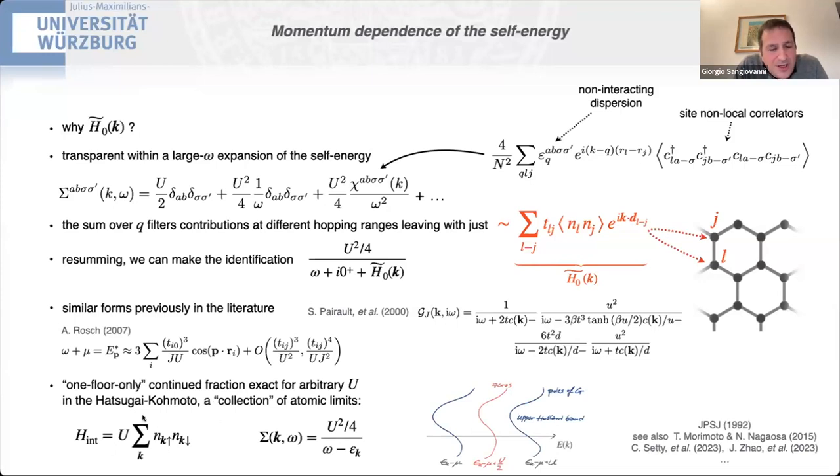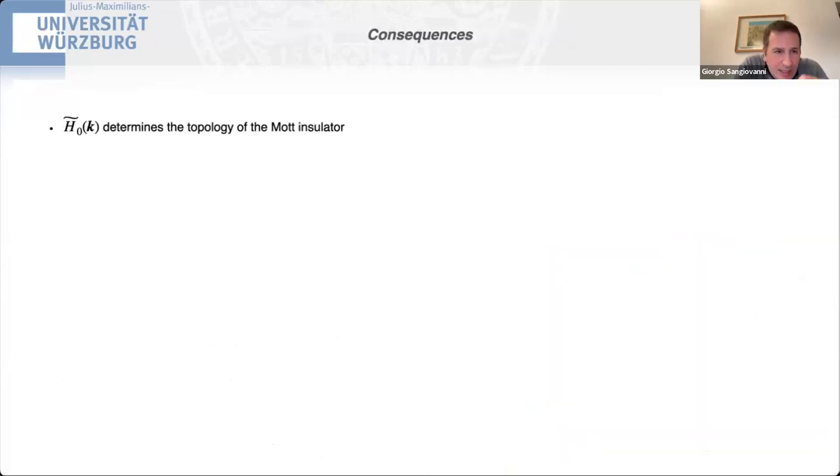This is, however, nice analytically because it allows us to get some analytic results. In particular, in this case, this one floor expression that I have for the self-energy would become exact. But that's just because of the specificity of this model.